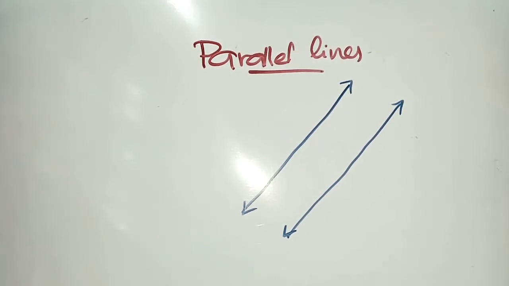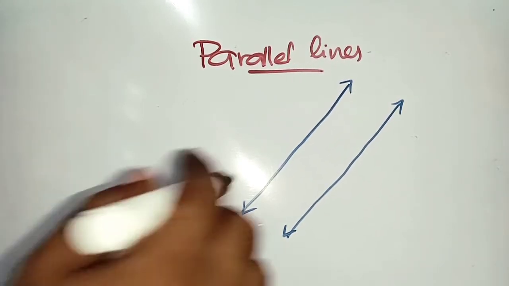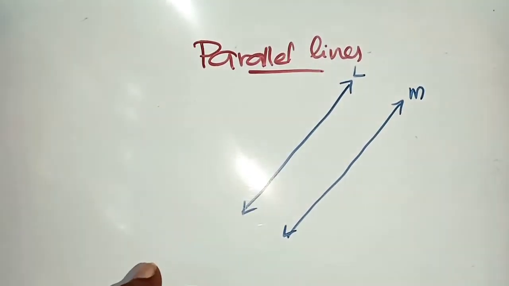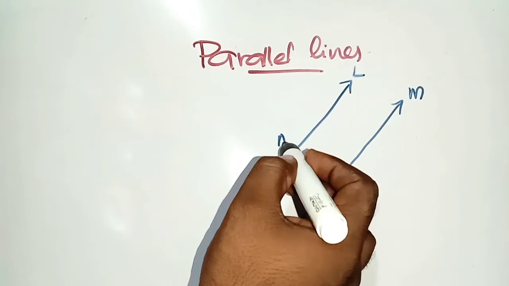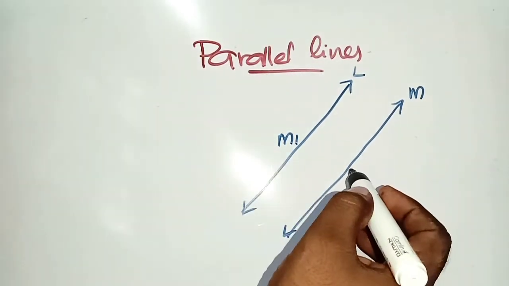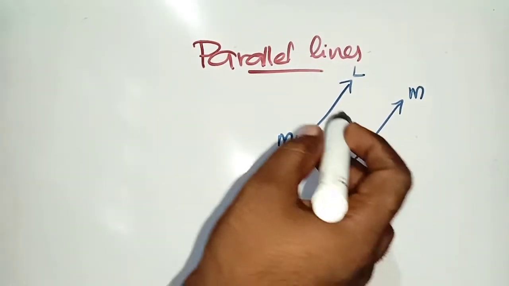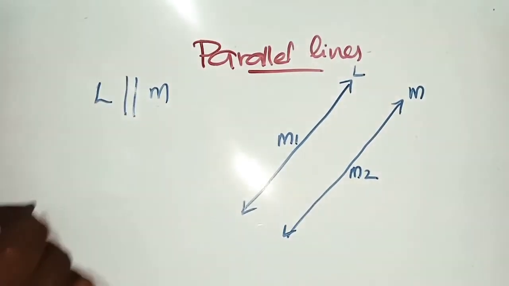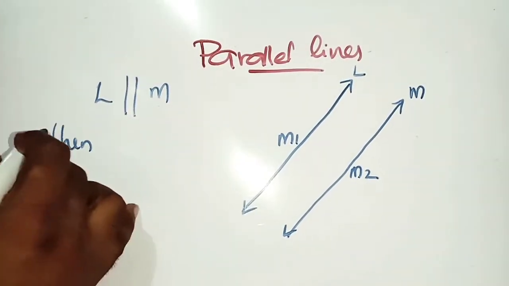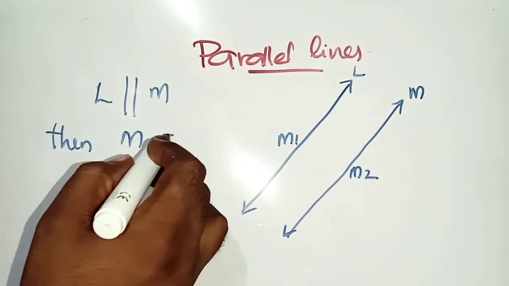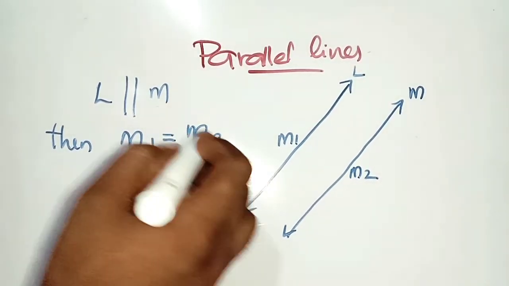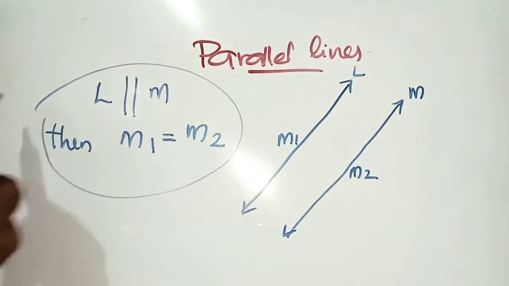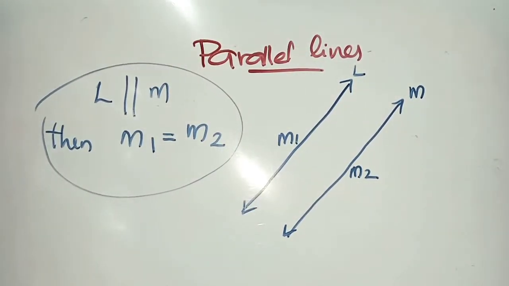That's the concept in simple. Okay, so if lines L and M are parallel, let's consider the gradient of this line as M1 and this one as M2. So if L is parallel to M, then the gradient M1 is equal to the gradient M2. This is a new concept. You have to remember this concept. Okay.